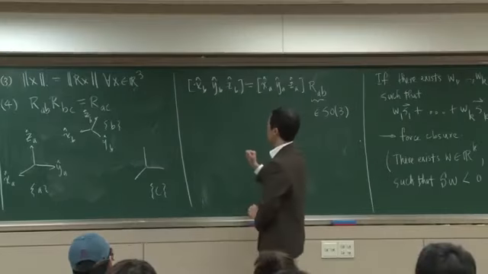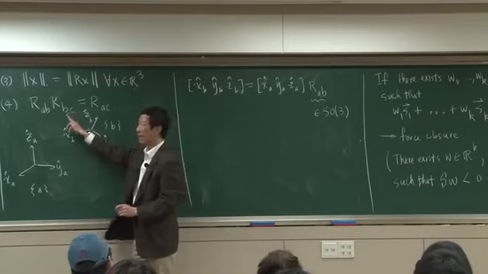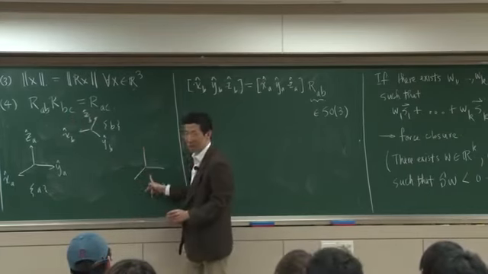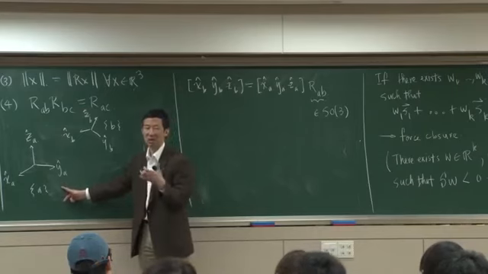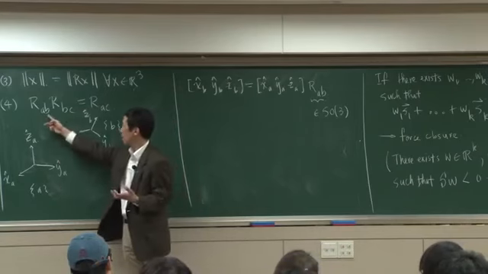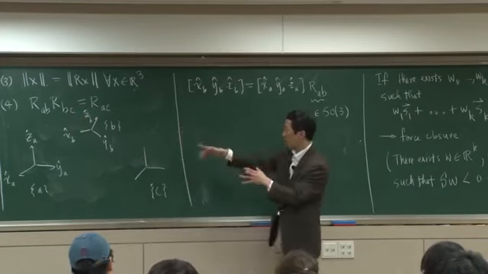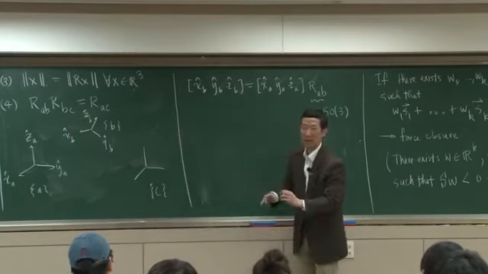So what we've established here is that if I want the description of frame C using A frame coordinates, all I have to do is take RAB multiplied by RBC. So there's a relation here between RAB, RBC, and RAC.